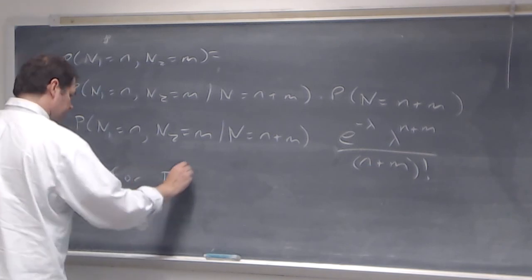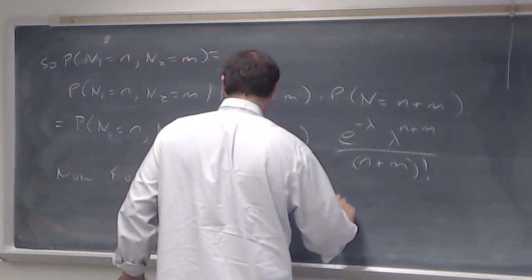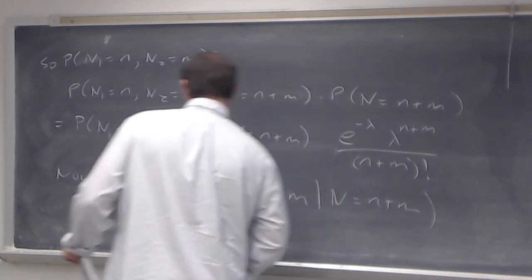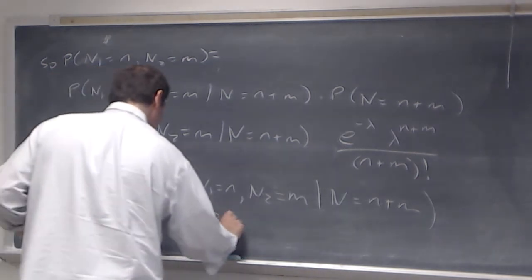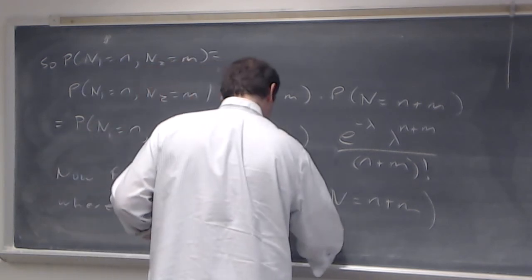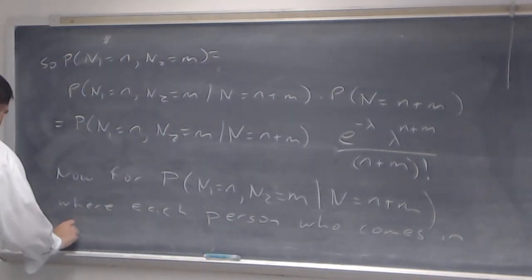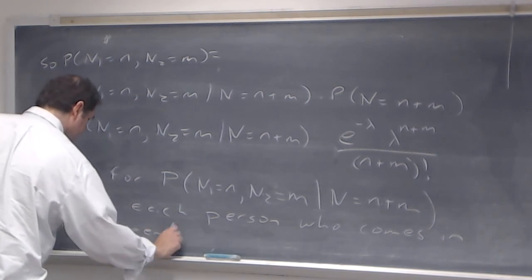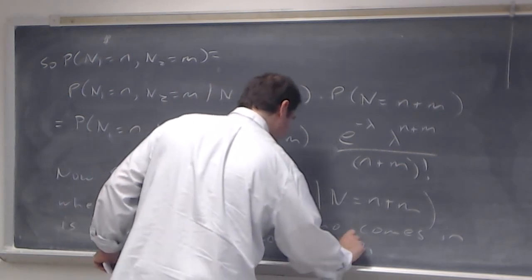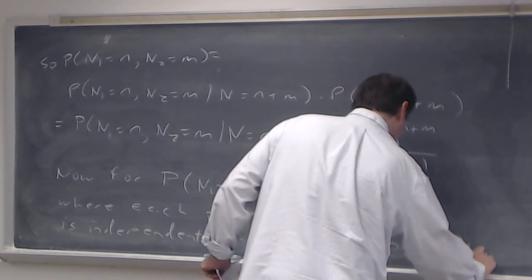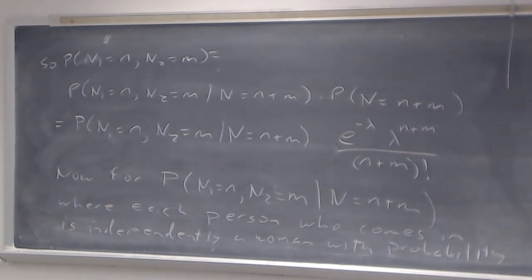For this conditional probability, we can think of each person who comes in as independently a woman with probability p, or a man with probability 1 minus p.